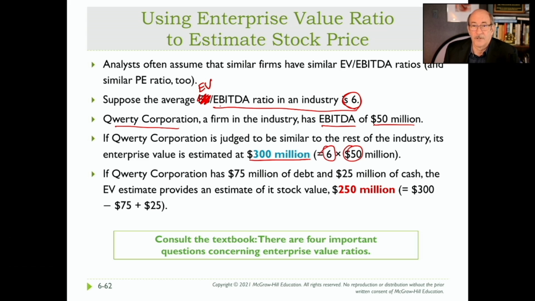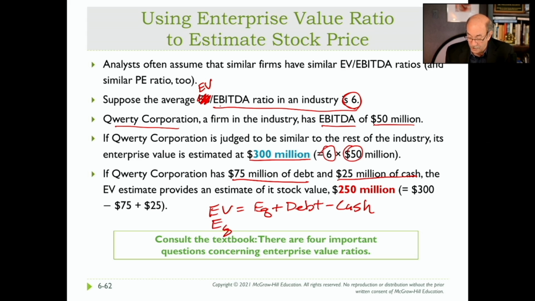So how do we convert that to what the equity is worth for QWERTY? Well, they have 75 million in debt, 25 million in cash. So remember, we had EV is equal to equity plus debt minus cash. So now we're trying to find out what equity is worth.